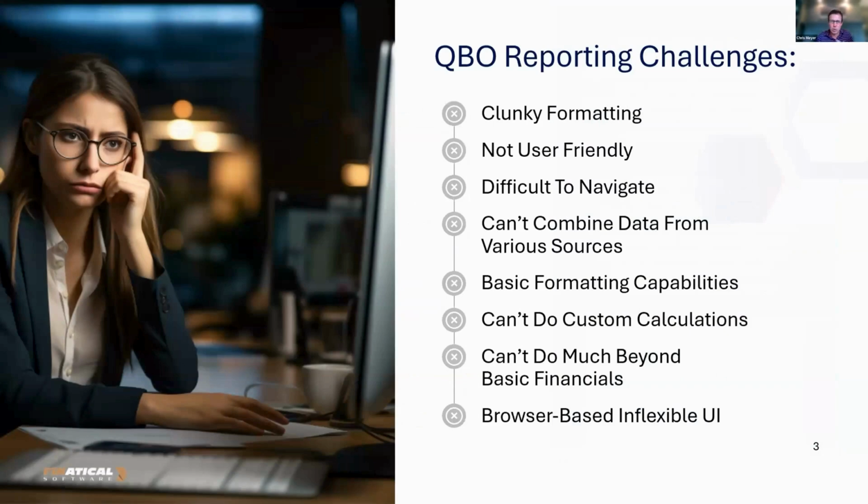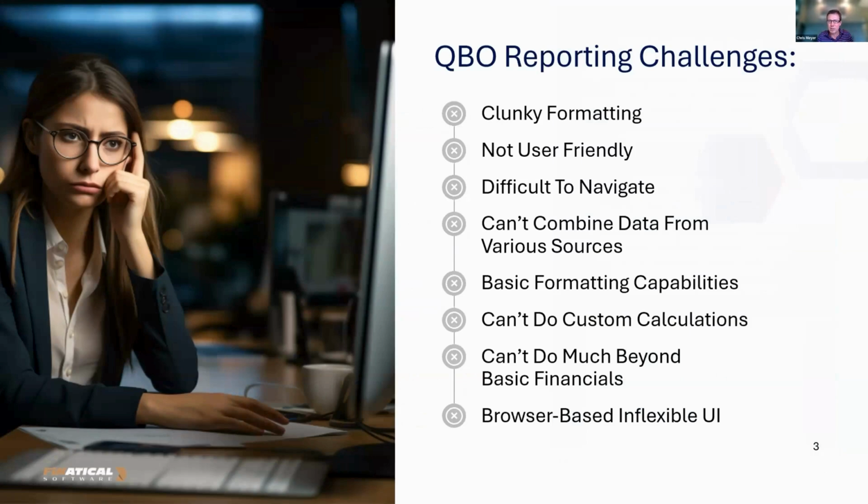So, QBO reporting challenges. QuickBooks Online definitely has a great number of functions. But as soon as we want to do financial analysis beyond a basic P&L and balance sheet, a couple of things start tripping us up.